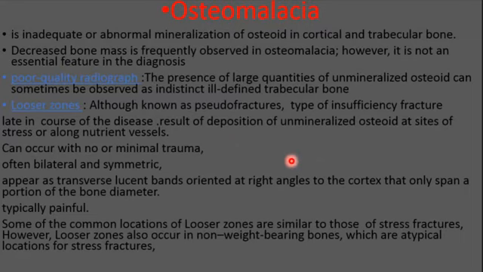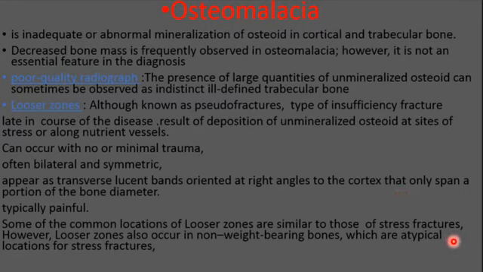It can occur with no or minimal trauma, often bilateral and symmetrical, appearing as a transverse lucent band oriented at right angles to the cortex that only spans a portion of the bone diameter, not all of it. It is typically painful.